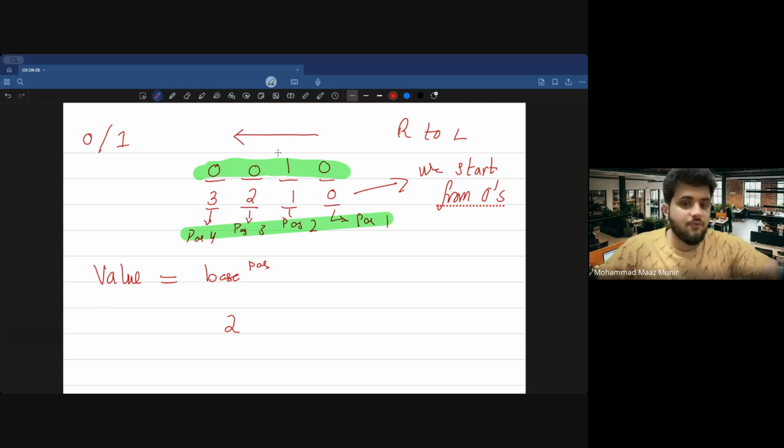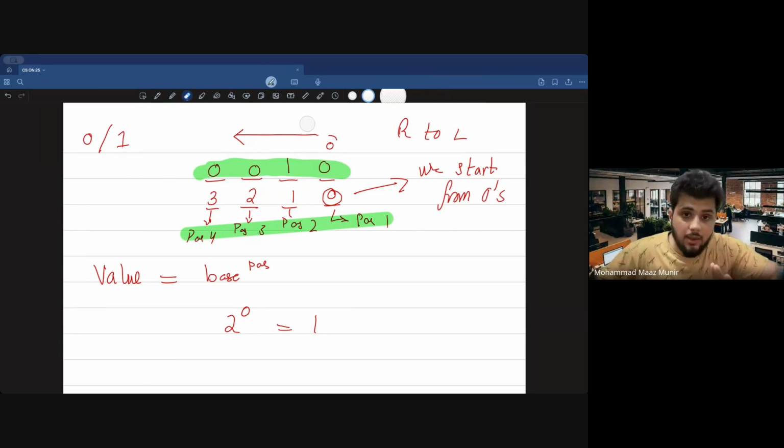Now the first element, this 0, we need to find the value for this specific 0. This is position number 0, right? Position number 0. So it will be 2 raised to power 0, which is basically 1. So the value for the very first 0 is 1.